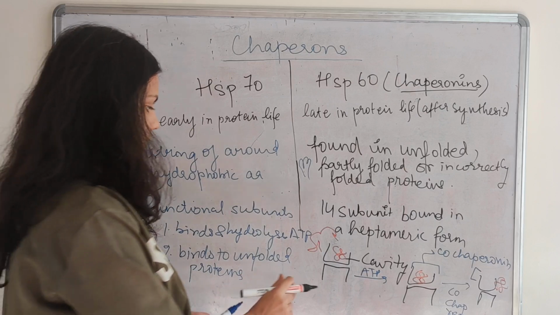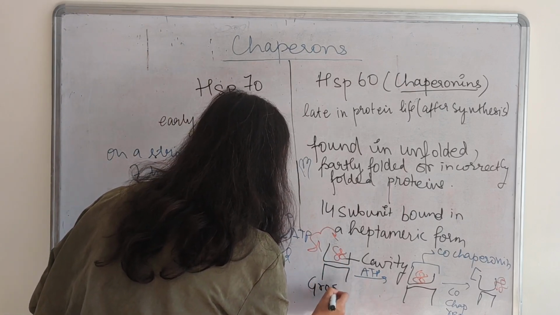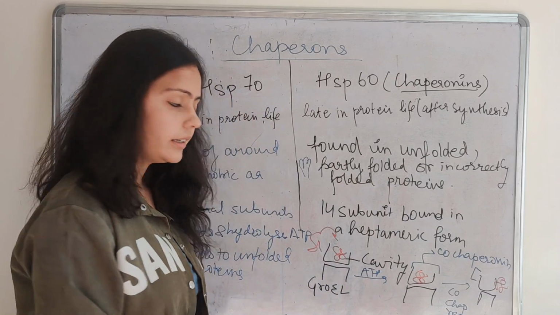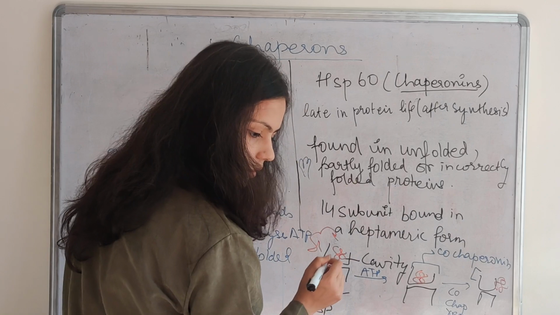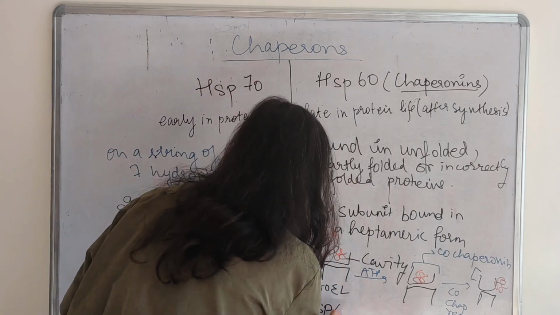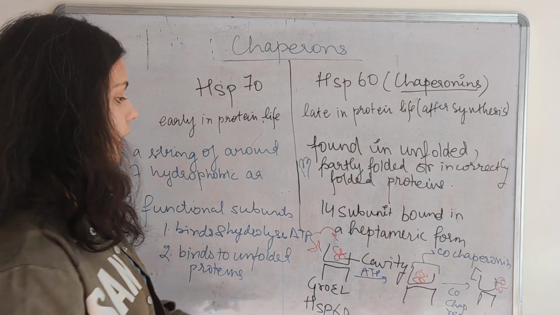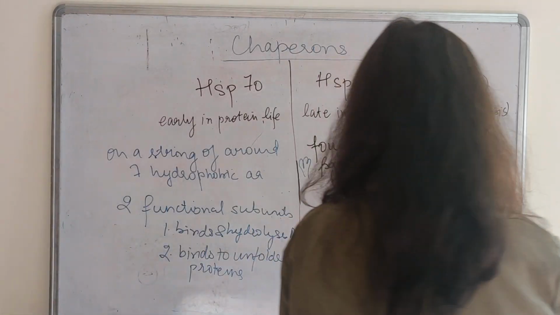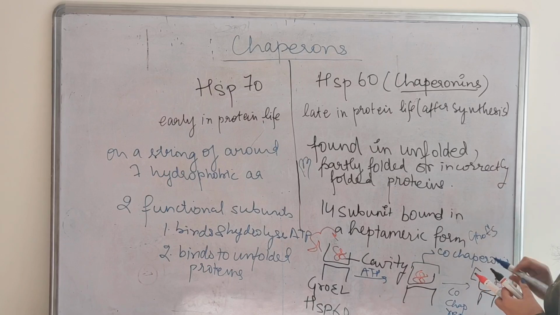The heptameric subunits are called GroEL in case of bacteria and HSP60 in case of eukaryotic cells. And the co-chaperonin is called GroES in case of bacteria and HSP10 in case of eukaryotic cells.